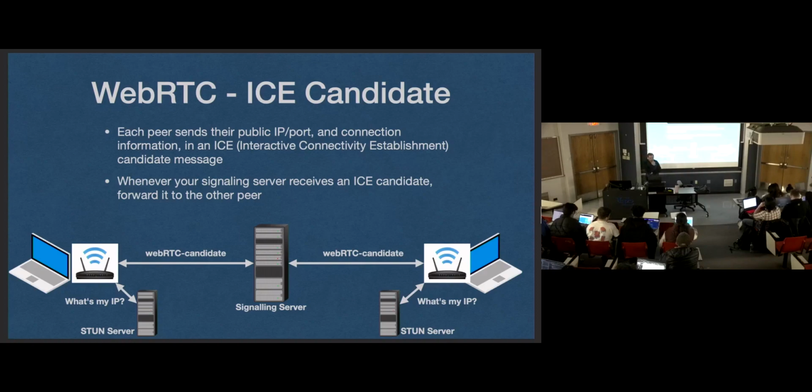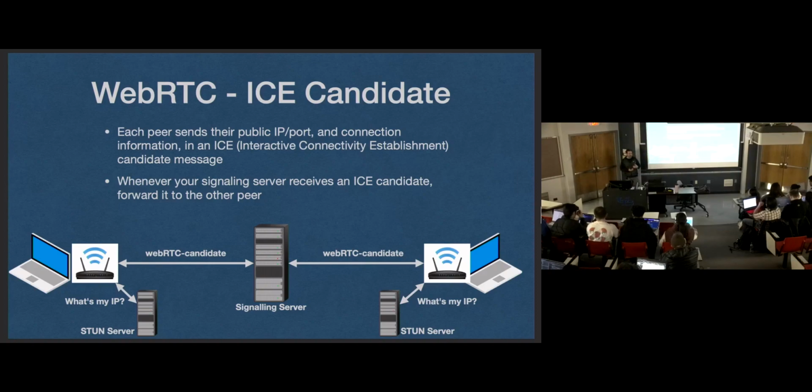Anyway, with all that said, a WebRTC candidate is not going to contain a lot of information, but a good amount of information. Most importantly, that IP and port for the connection. And there will be candidates for the local connection too, your local IP and local port as well. Even if it is a connection that's going across the internet at large, not just for local testing, that will be one of the candidates as well.